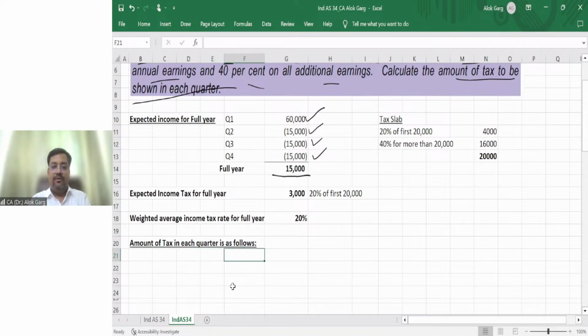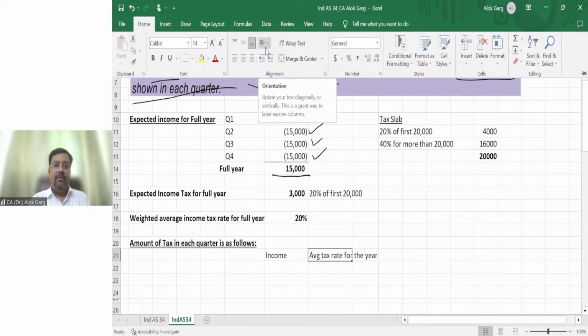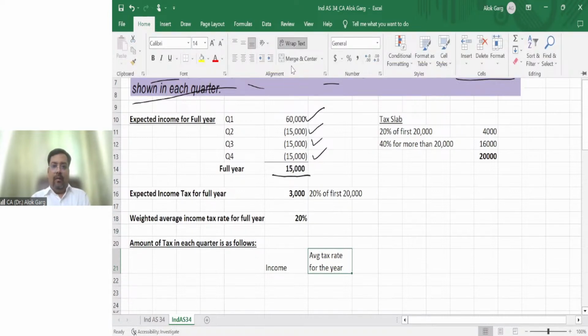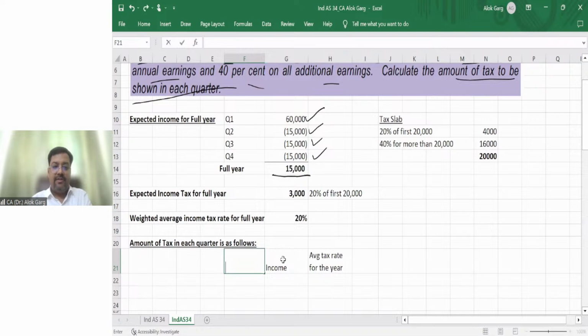This is my income. This is my average tax rate for the year. This is my quarter, this is my period, and this is my tax.